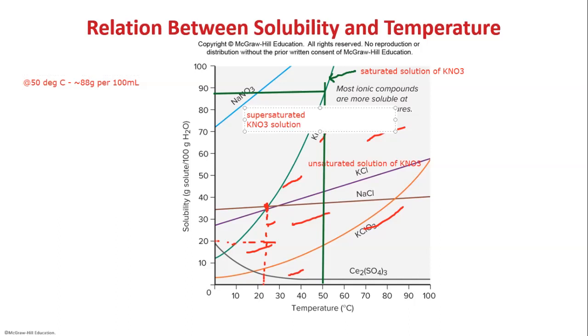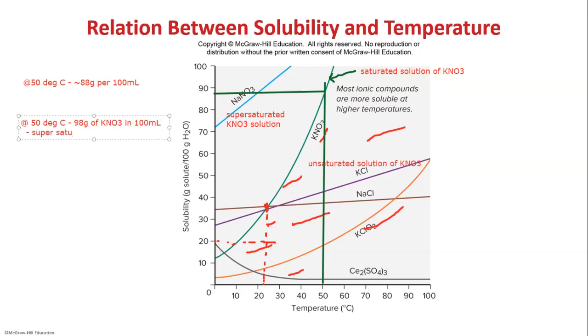So again, using our 50 degrees example, if we're at 50 degrees Celsius, if we're at, say, 98 grams of KNO3 in 100 mL, this would form a supersaturated solution, whereas this is a saturated solution, and less than 88 would be an unsaturated solution.